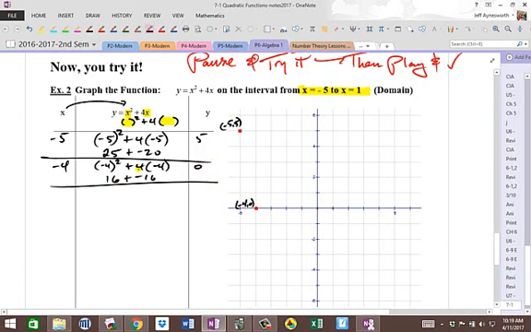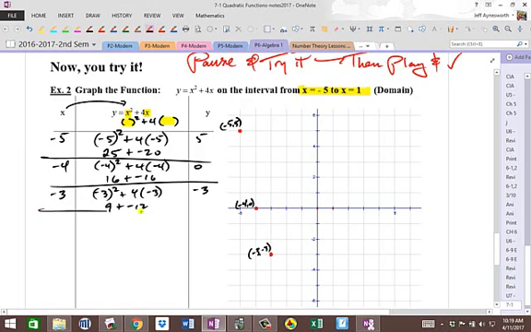Next one, -3. -3 squared plus 4 times -3 is 9 plus -12, or -3. So left 3, down 3. I'm going to put my points in red. That's -3, comma -3.